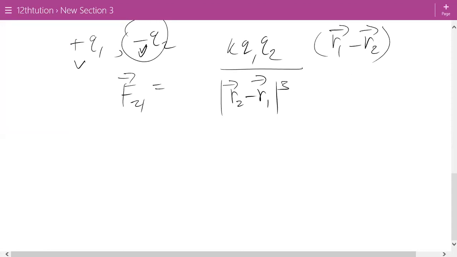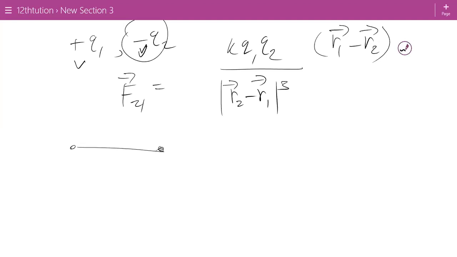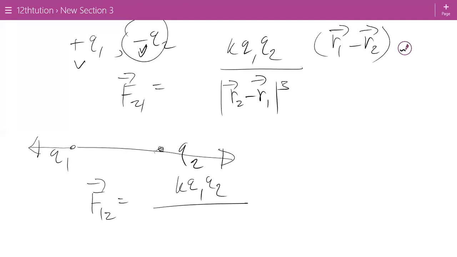You can see one more thing also. The force that we have written between these two charges Q1, Q2 was the force on Q2 due to Q1, and that was in this direction. But what if I write the force on Q1 due to Q2? That will be in the opposite direction. So that will be the F12 vector: K Q1 Q2 divided by the mod of R1 minus R2 cubed, and this time it will become R1 vector minus R2 vector.